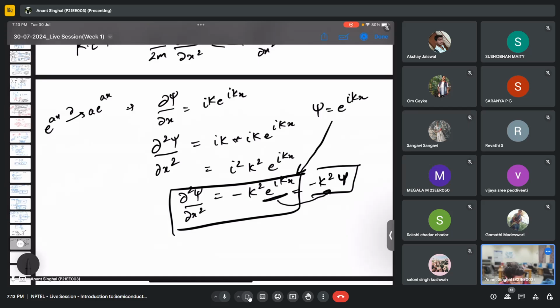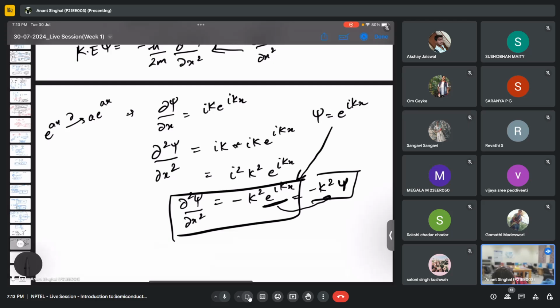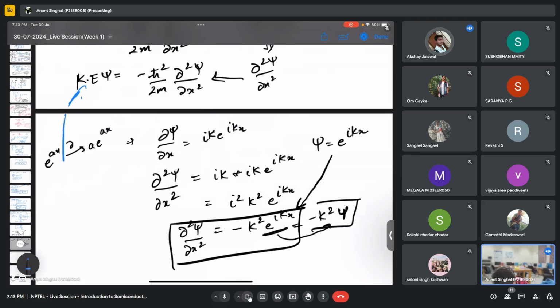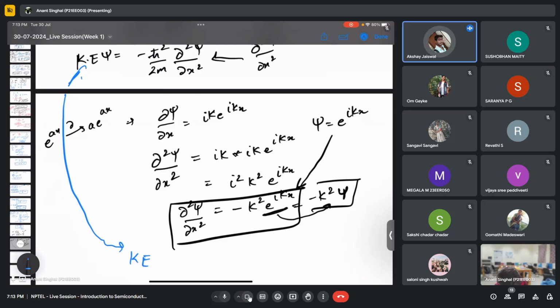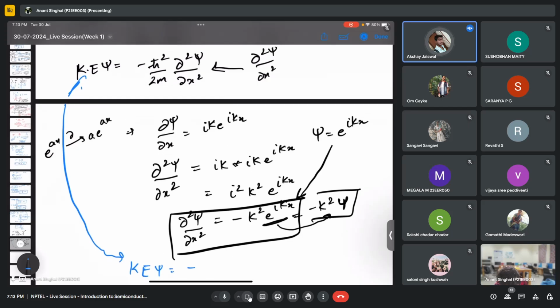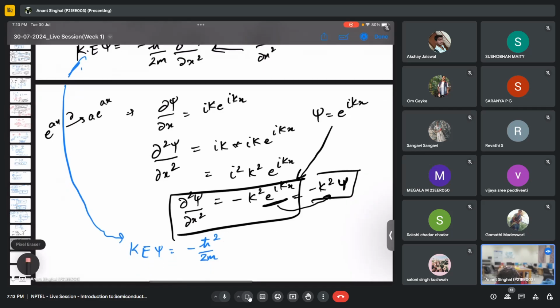And now we have already calculated for the energy operator, which is here. So the kinetic energy psi will be minus h square by 2m, and whatever I'm getting, this is k square psi.